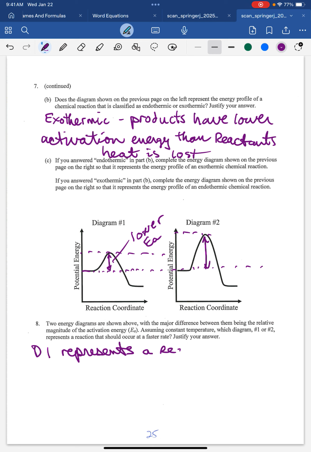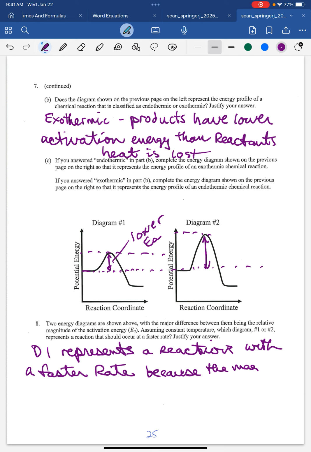A reaction with a faster rate because the magnitude of the activation energy is smaller.